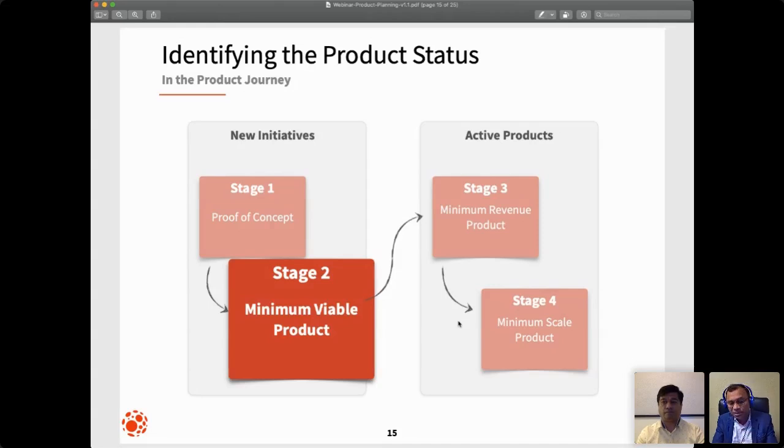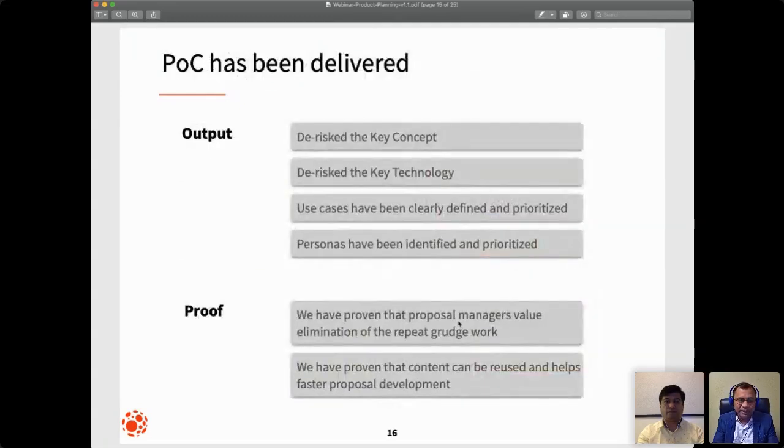For our example, we're going to focus on the MVP part of it and build it out more fully in subsequent webinars. By the time you have reached MVP, this is what you have already achieved in the POC. You have de-risked the key concept. You have de-risked the key technology. That is, you can pluck out key content components from different prior proposals and assemble them. And you have identified clearly what the use case is.